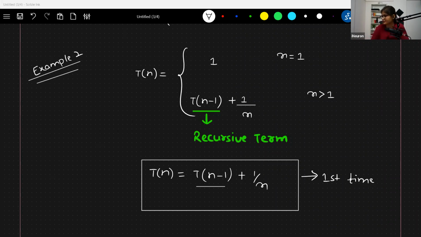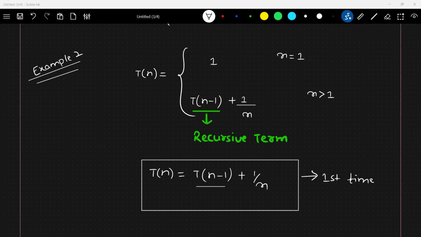Then I will discuss the solution. I feel log of n is correct. But let's see, I also don't know. We'll solve it and then we will see whether we are getting log of n or not. Any other student who is getting an answer apart from log of n?